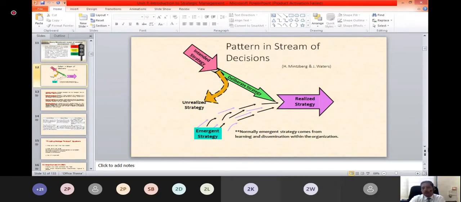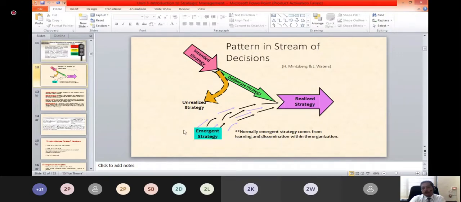What he says is that there may be an intended strategy which, if implemented as it is, we can call a deliberate strategy. However, it rarely happens. A few strategies have to be dropped in between, which are called unrealized strategy.